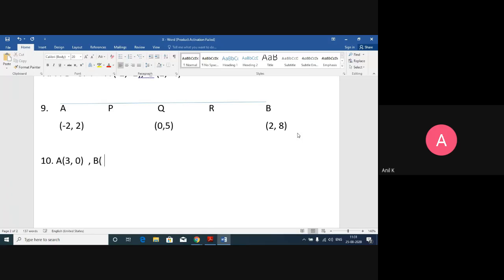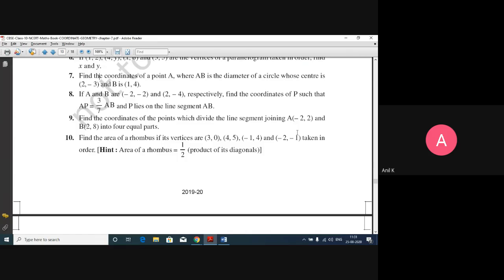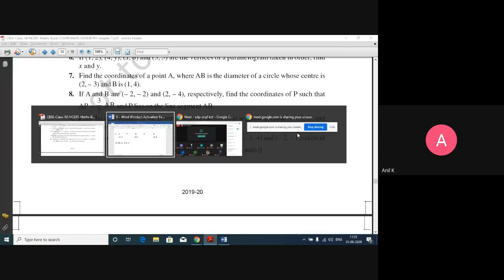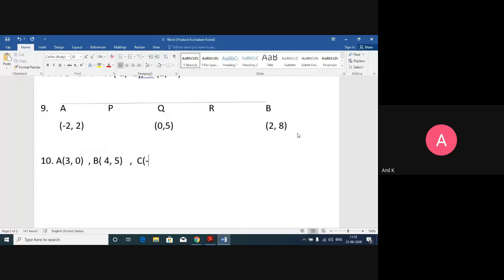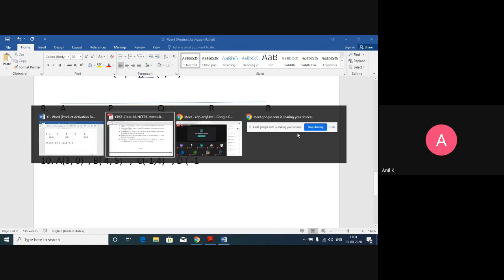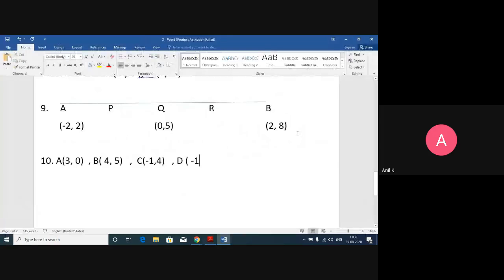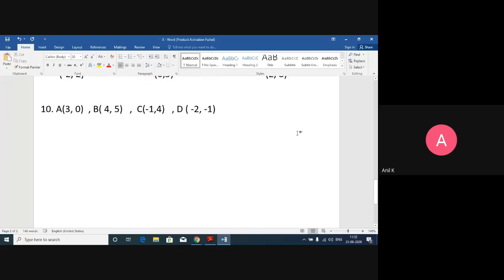Second point is (4, 5). Third point is (minus 1, 4). And fourth point is (minus 2, minus 1). These are the vertices of a rhombus. You have to find its area.